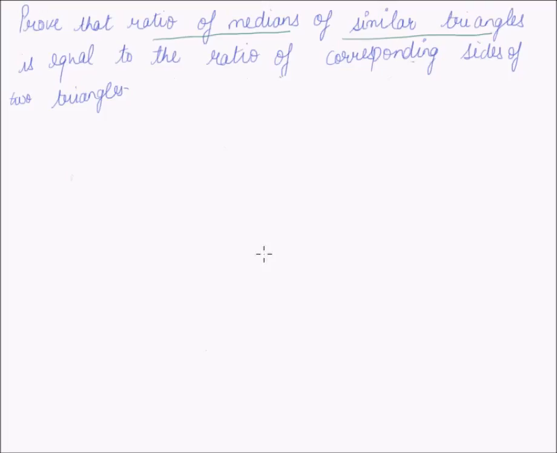The third question says, prove that the ratio of medians of similar triangles is equal to the ratio of corresponding sides of two triangles. Let us first sort out what is given in this question. We are given two similar triangles.